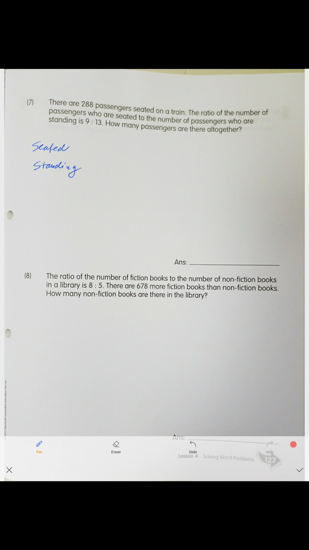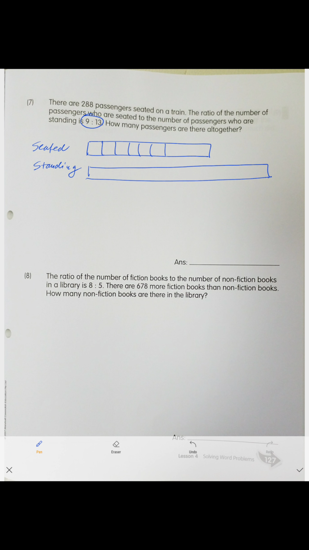Now you have your ratio 9:13. Obviously, that's going to be 9 units, and that's going to be 13 units.